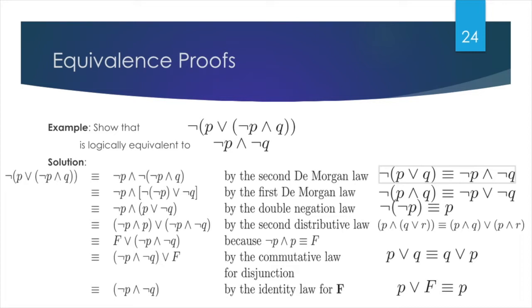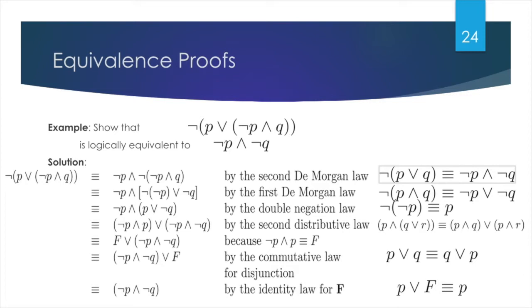And then I can say not P and not Q or F can be simplified to not P and not Q based on the identity law. I say any statement with or operator with a contradiction leads me to the original statement. Look to this law, the identity law.